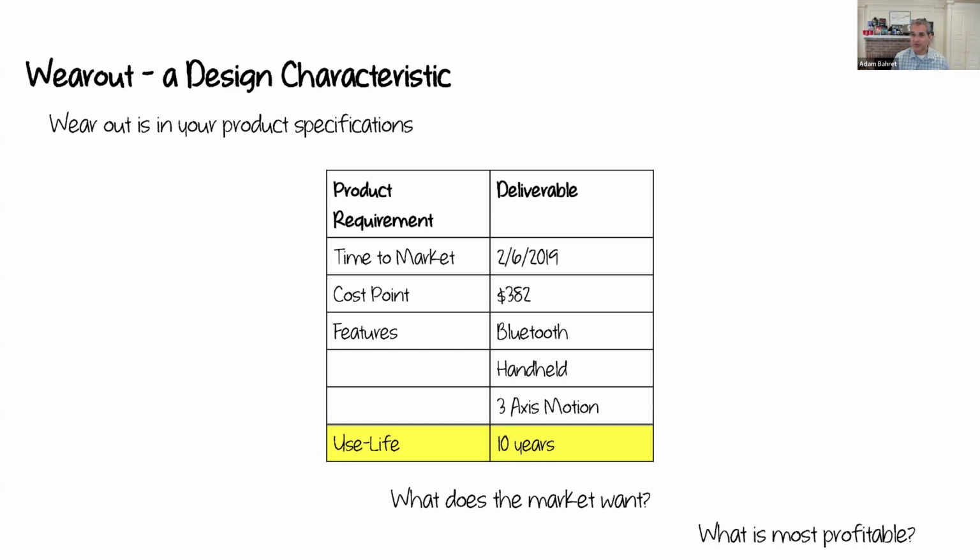You don't want to have something that has infinitely long life because it might be way too expensive to manufacture or require inventing technology that'll take years to do. And it may not be what's appropriate for the product to be successful. So this is another design characteristic that is selected early on.